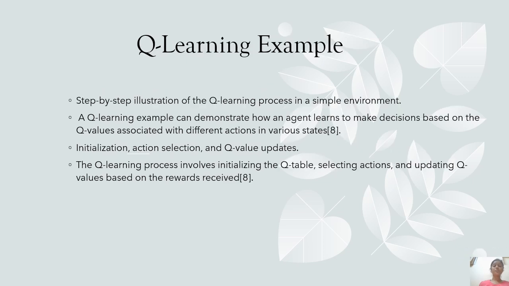Then we go to the Q-learning example. Step-by-step illustration of the Q-learning process in a simple environment. A Q-learning example can demonstrate how an agent learns to make decisions based on the Q values associated with different actions in various states.